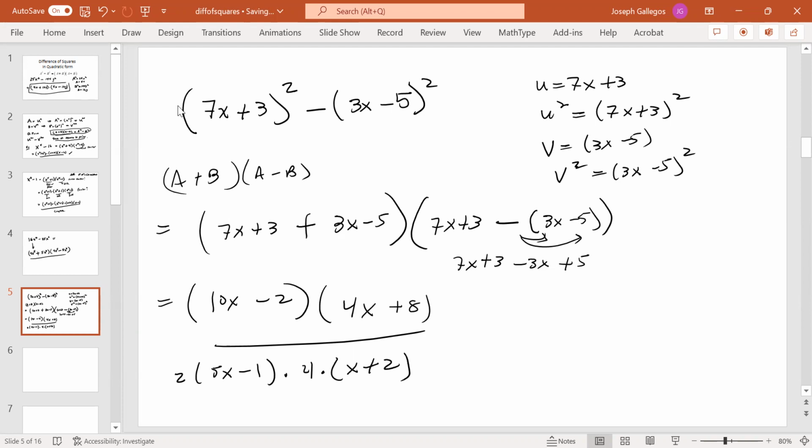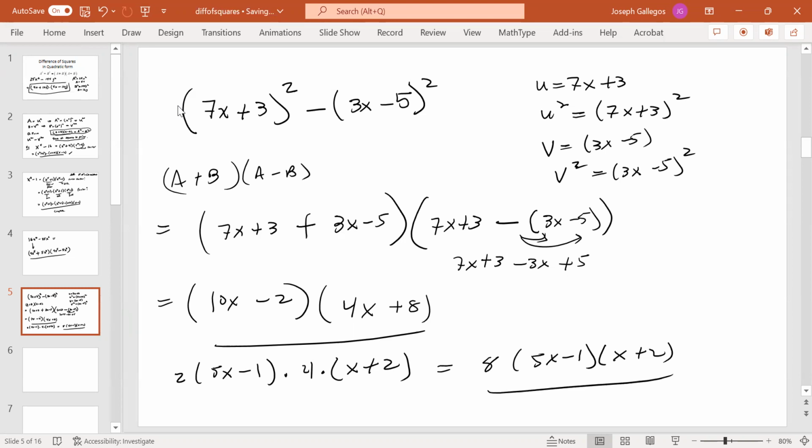And now we can rearrange. We can apply the associative property of multiplication and the commutative property of multiplication to allow us to rearrange things, right? And so we have 2 times 4 gives us 8. And then we have the 5x minus 1 times the x plus 2. And that would be the solution.